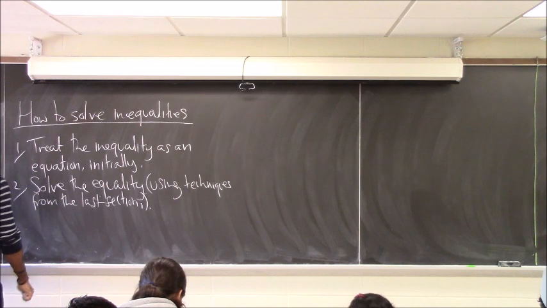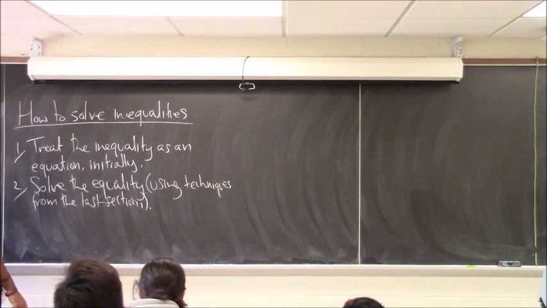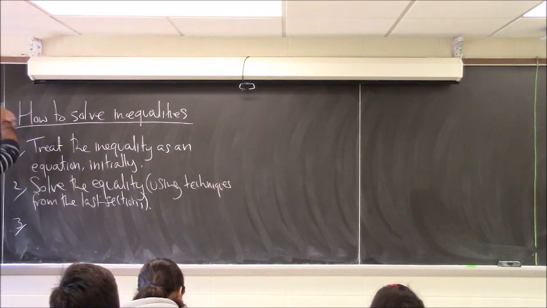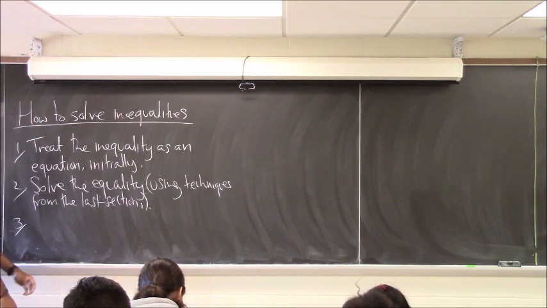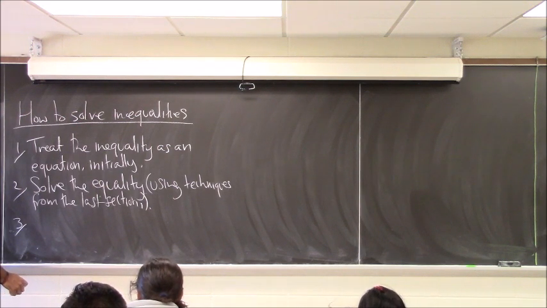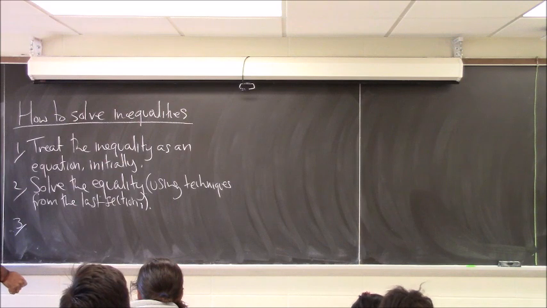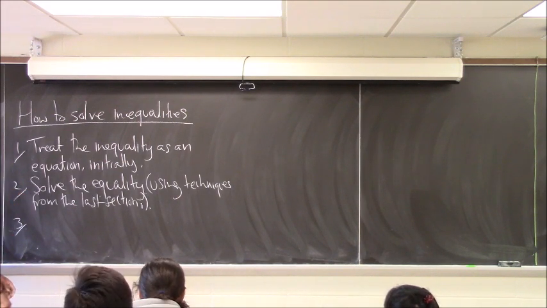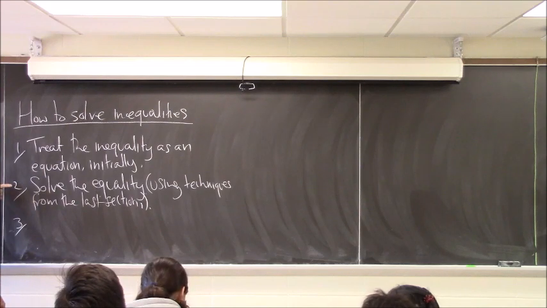What makes it different from an equality? What do you have to do next? Change the sign when dividing or multiplying by a negative number. That's true. I'm going to talk about that next, but let's wrap up figuring it out, because that would be involved under step 2.